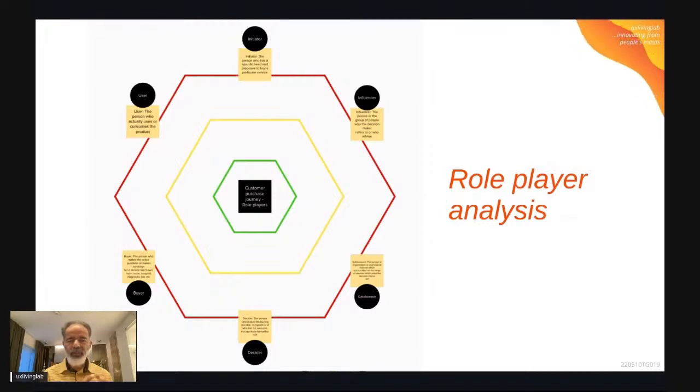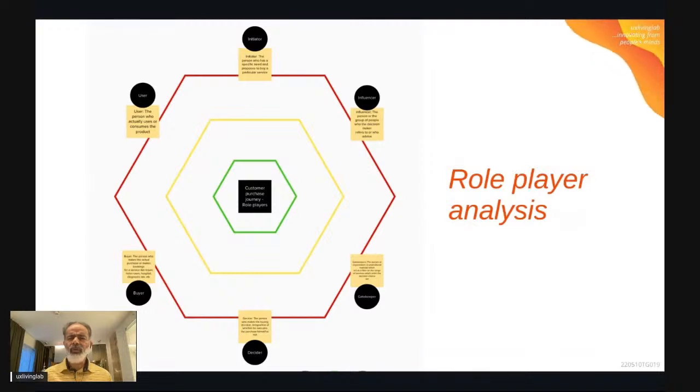One person can play multiple roles, but in some cases they are different roles, especially in B2B marketing or B2B analysis stories. These 6 roles will always be different.